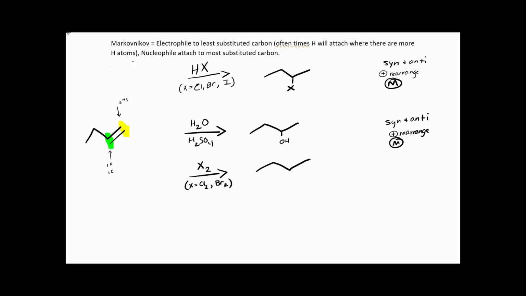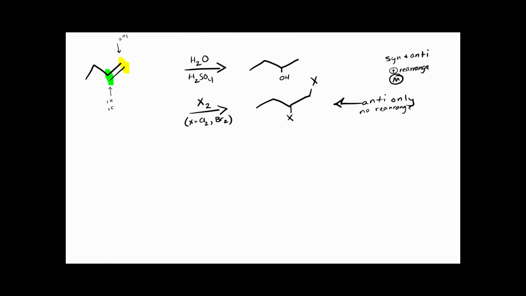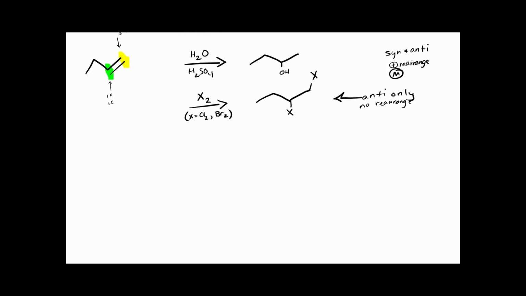And that's where we add our halogen to both the more substituted and the less substituted, just directly across that pi bond. This can go anti only. This one is anti only. There is no rearrangement, and we don't worry about Markovnikov or not because we have an X adding to both sides. That's called halogenation.